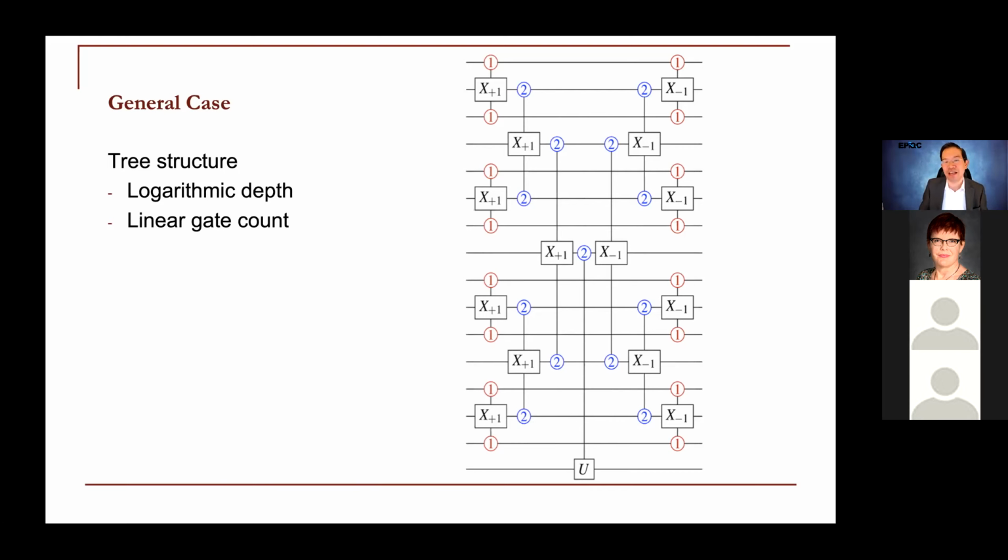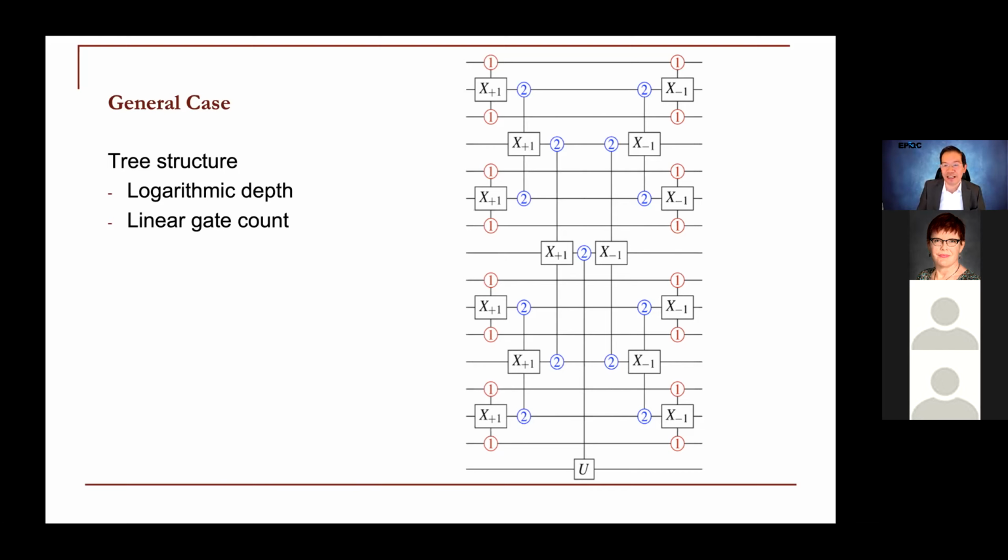And the way we do that is with these special operators here. These are controlled modular X gates. So they're mod 2, or I guess mod 3. And the ones and twos in the circles are the control values that cause those gates to occur, right?